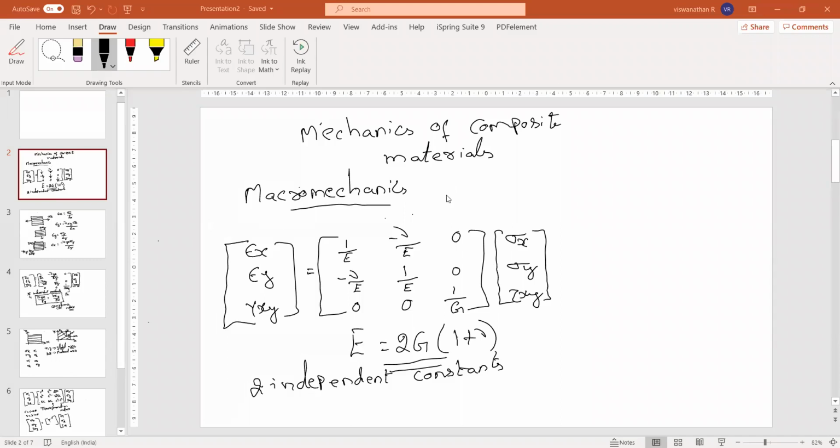So we were discussing the mechanics of composite materials, the macro mechanics part, and we discussed the independent constants for the isotropic material. So there are two, because of this relation.